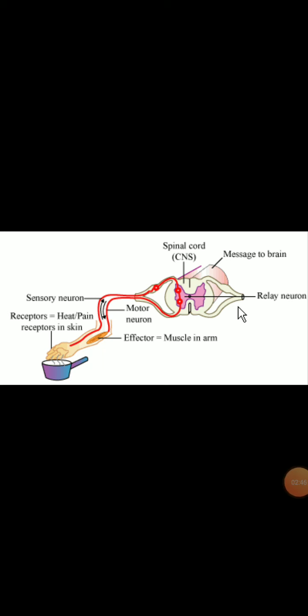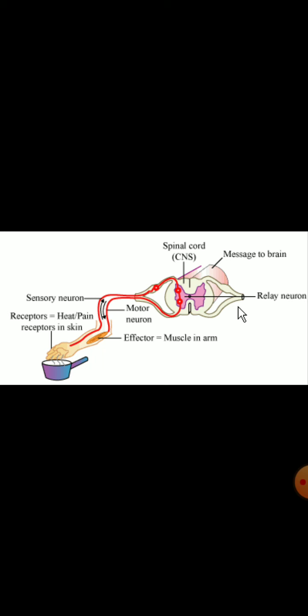Let me tell you in simple words what a reflex action is. Reflex action is a quick, sudden, and immediate response of the body to a stimulus. Now, recall the meaning of stimulus. Stimulus is a change arising in the environment. In the previous session, we learned about stimuli.